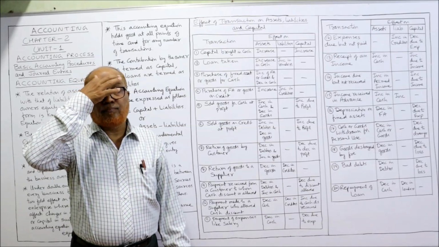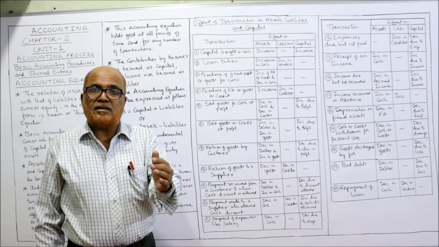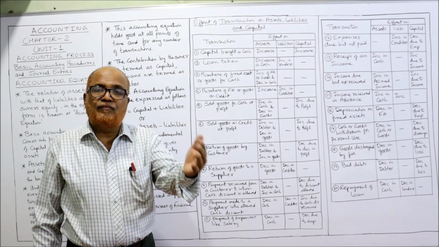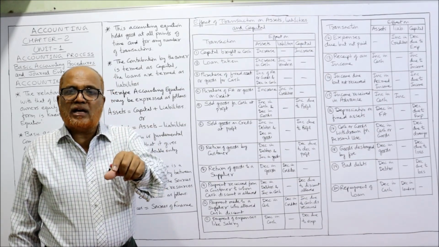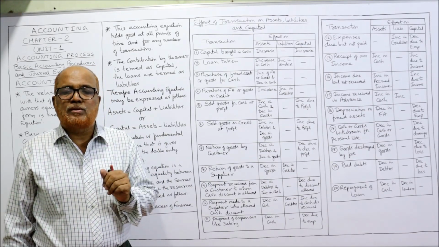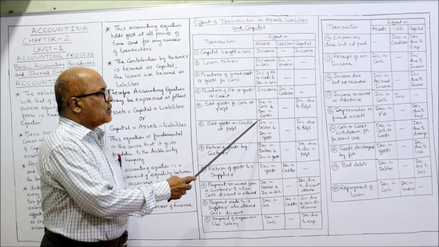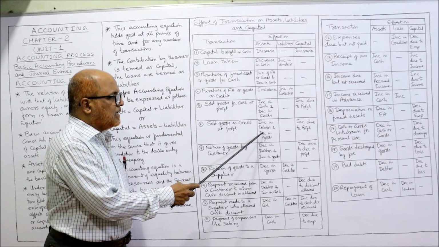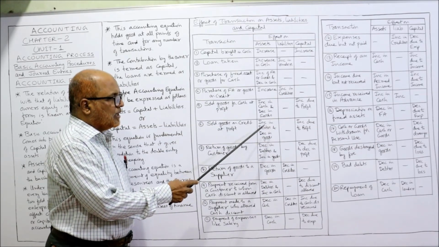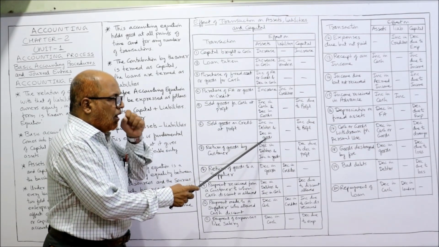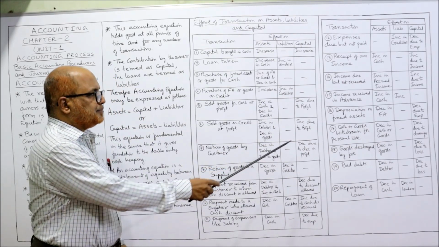Now in this case, our goods are going out 10,000, but debtors are becoming 15,000. So 15,000 increase in debtors, 10,000 decrease in goods. Debtors and goods both are assets. So here increase in debtors and decrease in goods. Increase in debtors by 15,000, decrease in goods by 10,000. Remaining 5,000 will be the profit that will be added to capital.